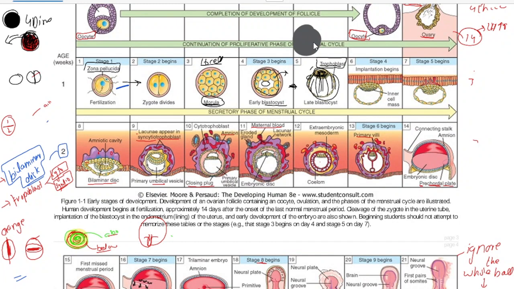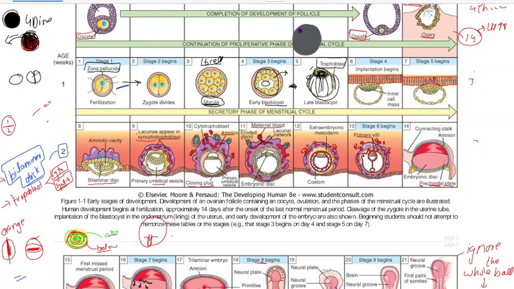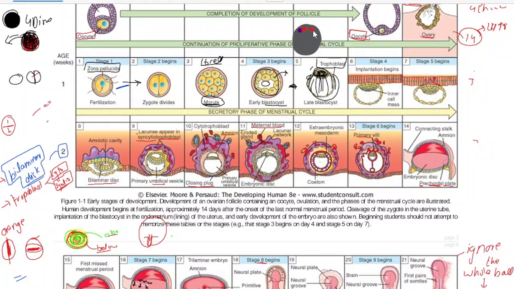On the wall of the ball there is a trophoblast cell covering, and inside the ball there is a mass. That mass is called the inner cell mass.